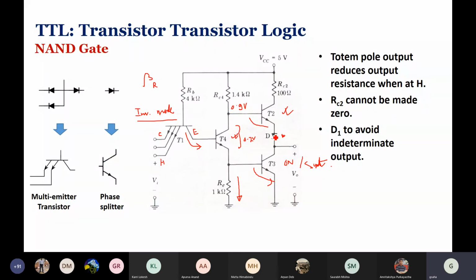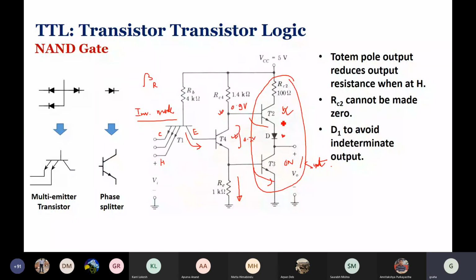So at that time T2 is off. So this totem pole output is such that either T2 is on during one of the stable states or T3 is on. Only during switching momentarily both T2 and T3 become on. Otherwise only one of them is on.